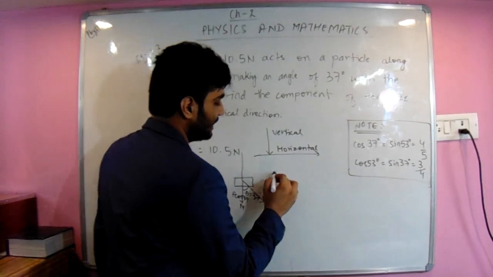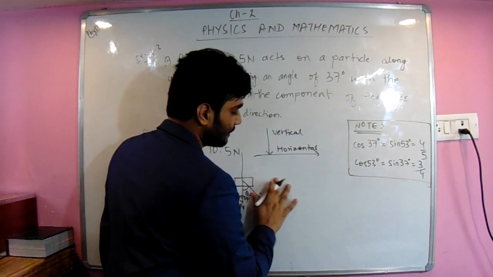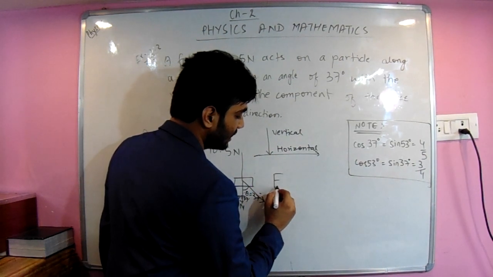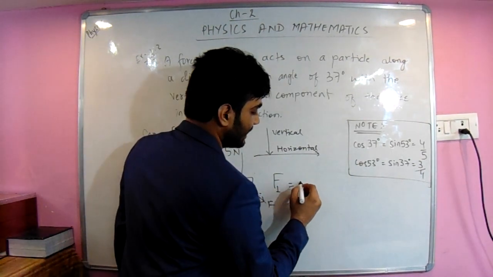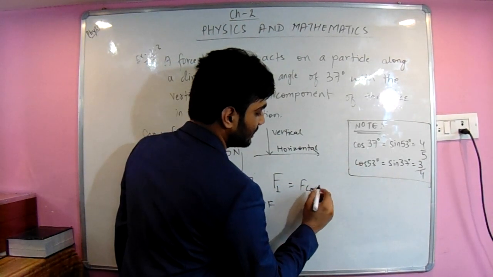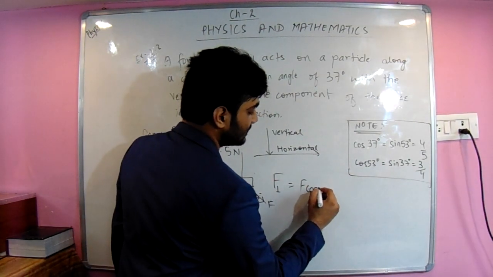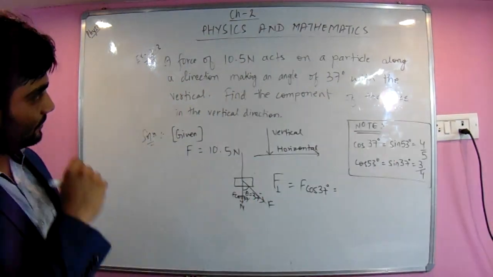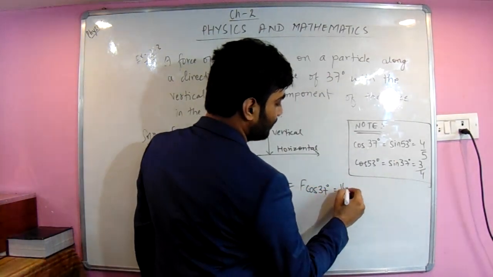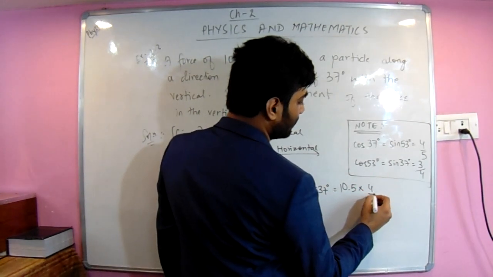So we find the perpendicular, that is vertical, force, or vertical direction, that is F cos what? 37 degree. F cos 37 degree, and it becomes 10.5 Newton into cos 37, that is 4 by 5.